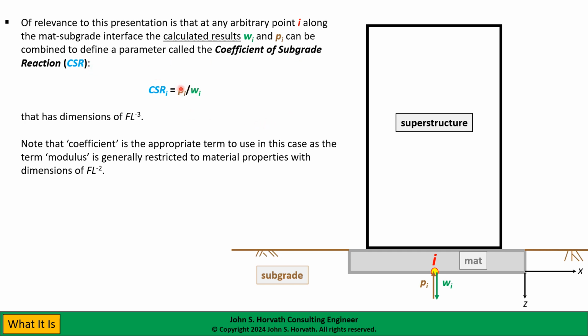And that is simply the ratio of the subgrade reaction stress to the settlement W, and as a result has dimensions of force per length cubed.